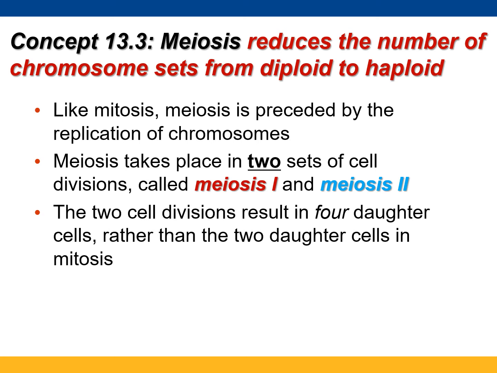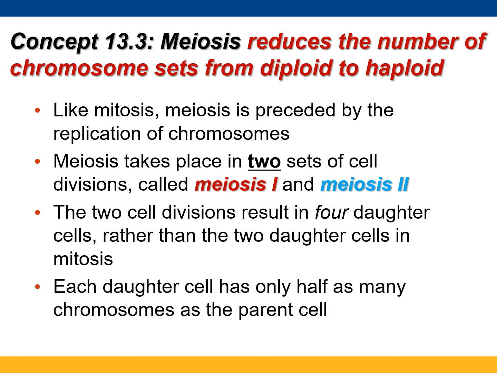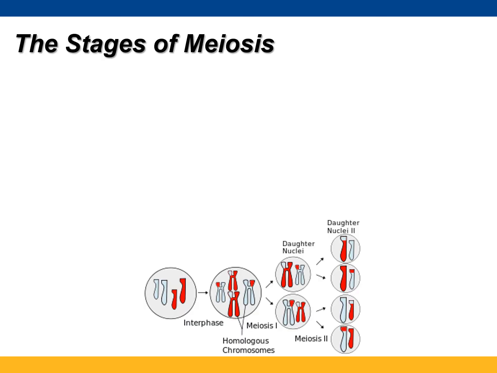They're going to be genetically asymmetric. They have half as many chromosomes as the parent cell, and the sorting of the genes on those chromosomes is somewhat random. So when we look at this picture again, what we have prior to meiosis I is a gene exchange event within homologous chromosomes.